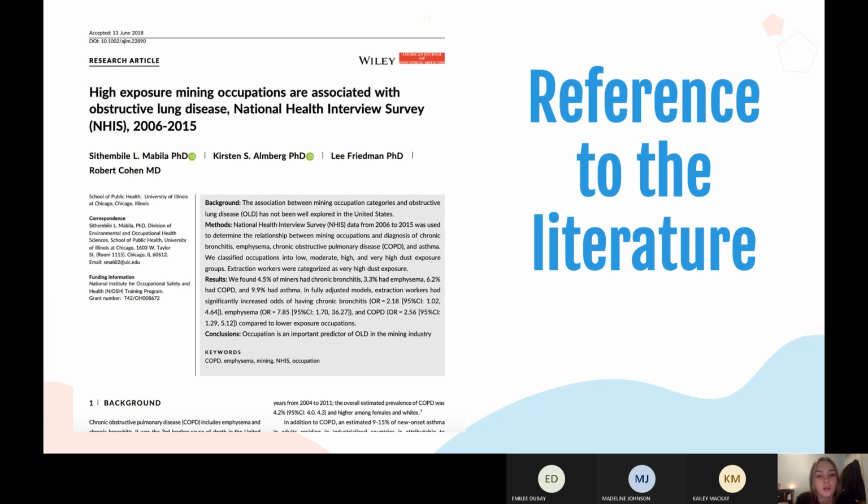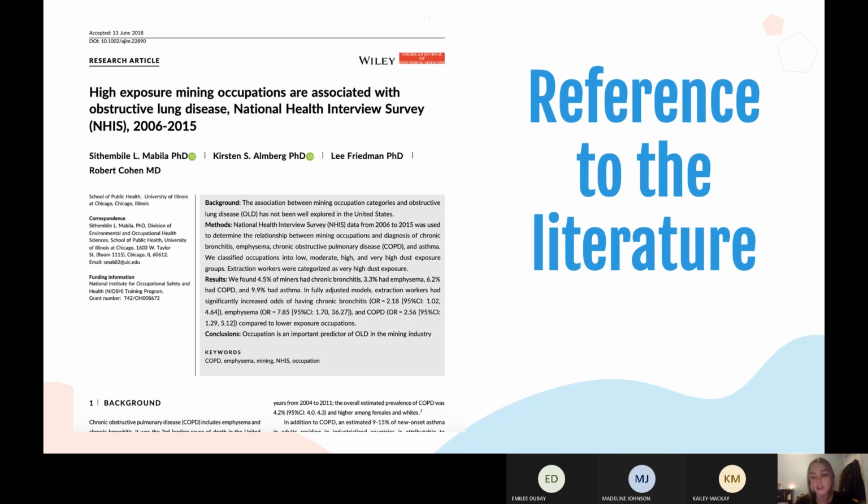Okay, so when we searched the literature, we wanted to narrow our search down to coal miners who experienced COPD because our patient Barry was a coal miner for 11 years. So we wanted to see if that had any relation to why he has COPD. And we found this article here that says high exposure mining occupations are associated with obstructive lung disease.